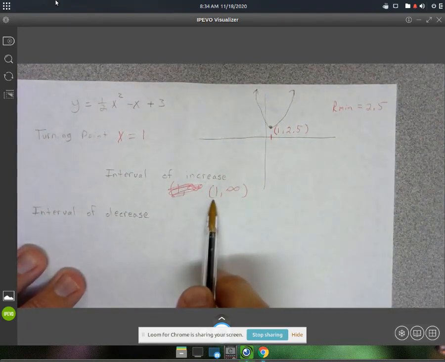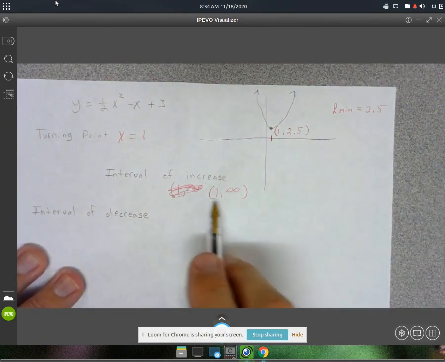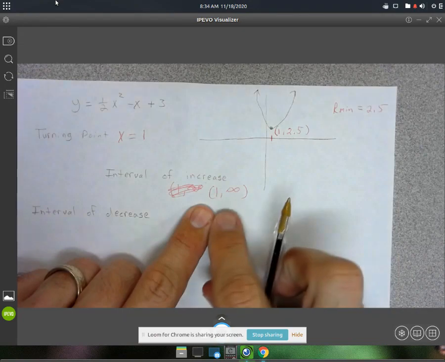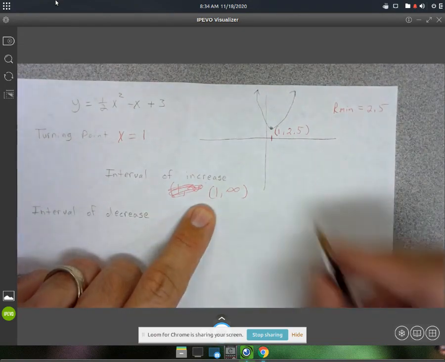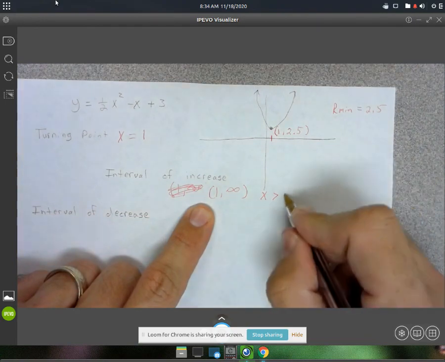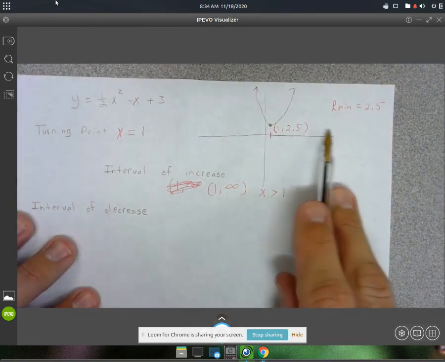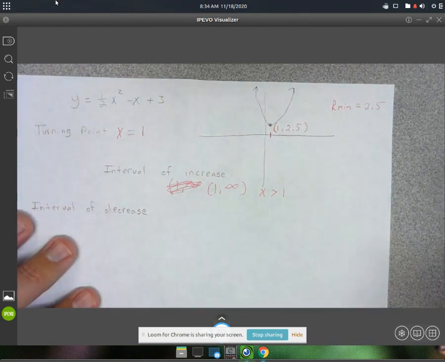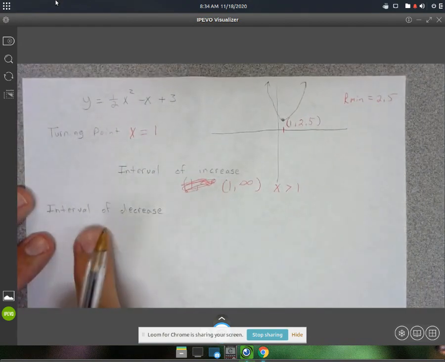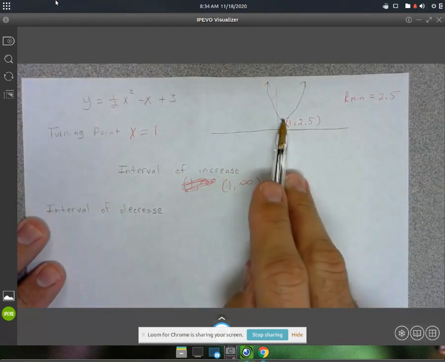Notice the parentheses here because it doesn't increase or decrease at 1, so I don't include it. In algebraic notation, it would be all the x values that are bigger than 1. For all the x values bigger than 1, this thing is going uphill. It's increasing.